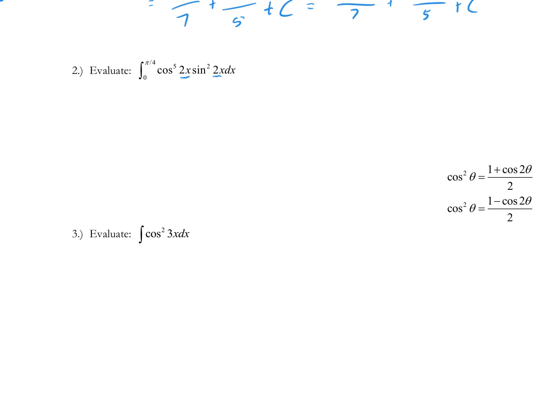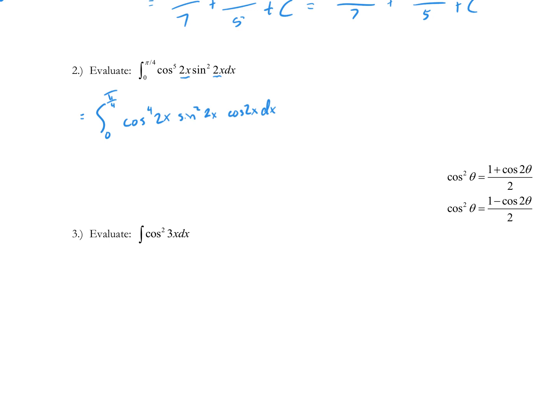You're looking for the odd one to save for the du. So we're going to take that cosine to the fifth 2x and first rewrite our integral from 0 to pi over 4. We're going to write this as cosine to the fourth of 2x, sine squared of 2x, and then cosine 2x dx.